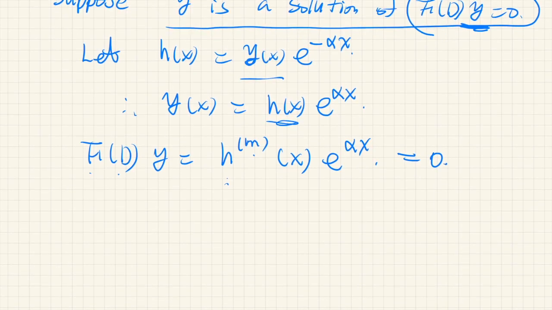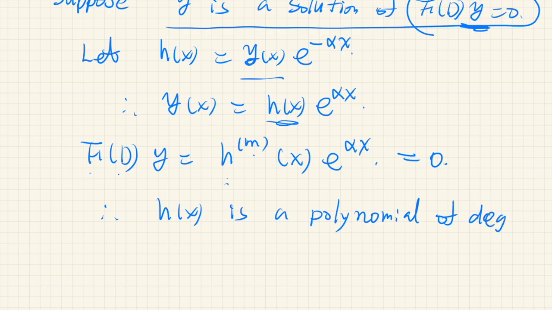So that means h of x must be a polynomial of degree at most m minus 1, because if it's of degree at least m, then it won't be equal to 0.